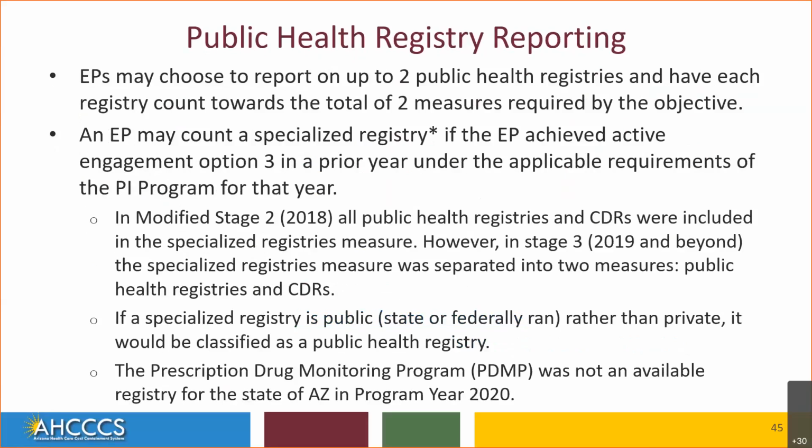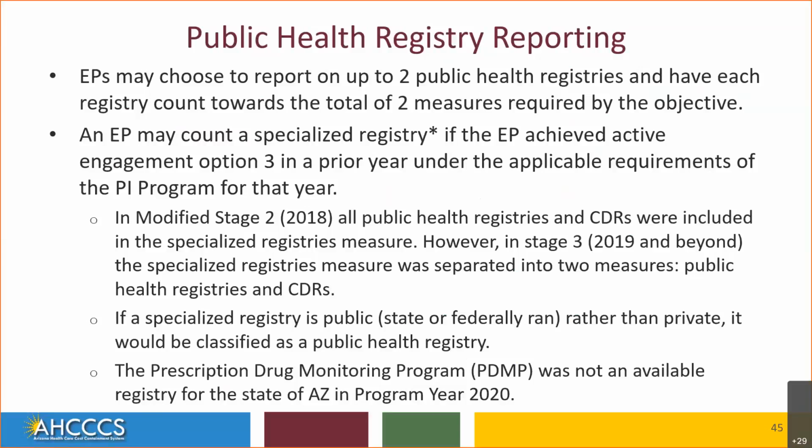An EP may count a specialized registry if the EP achieved active engagement option 3 in a prior year under the applicable requirements of the PI program for that year. In Modified Stage 2, 2018, all public health registries and clinical data registries were included in the Specialized Registries measure.